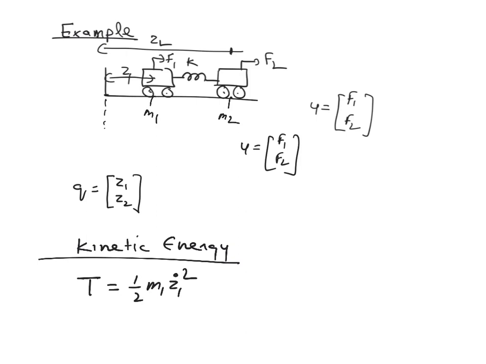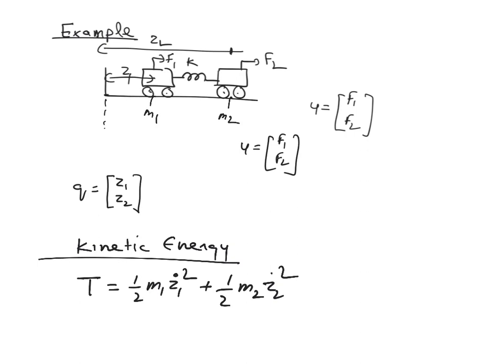Using Lagrange here is an overkill. We can simply use vector diagrams too, but I just wanted to show you that we can do it, and then we'll take a complicated example. Plus half M2 Z2 dot squared, so that's the kinetic energy. Potential energy is because of the spring.